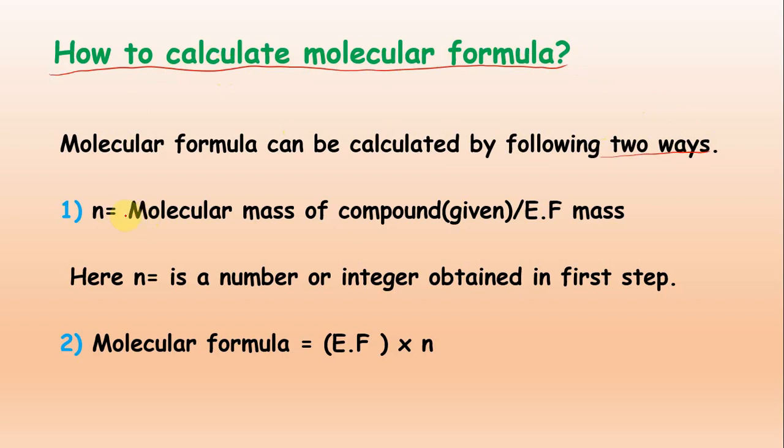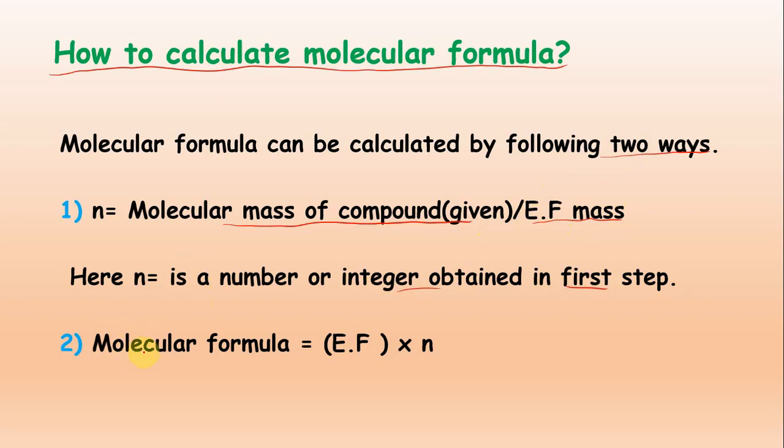You can calculate the number by the formula: n is equal to the molecular mass of the compound, which will be given in the question, divided by the empirical formula mass. The empirical formula will also be given. If it is not given, we have to calculate the empirical formula and then we have to calculate the empirical formula mass. Now n is a number or integer obtained in the first step.